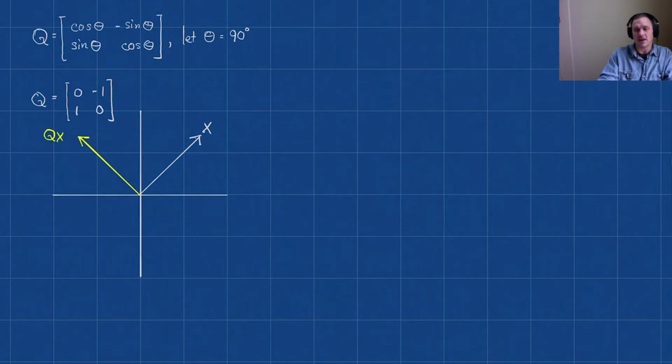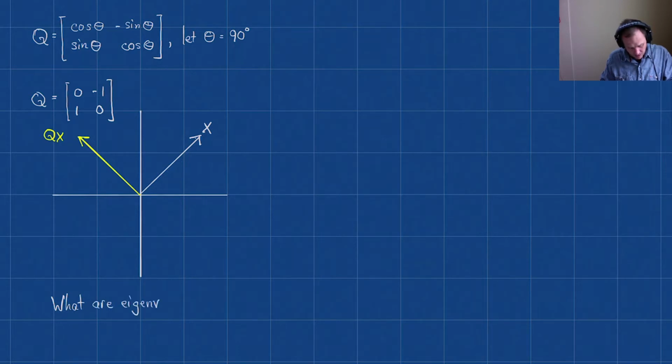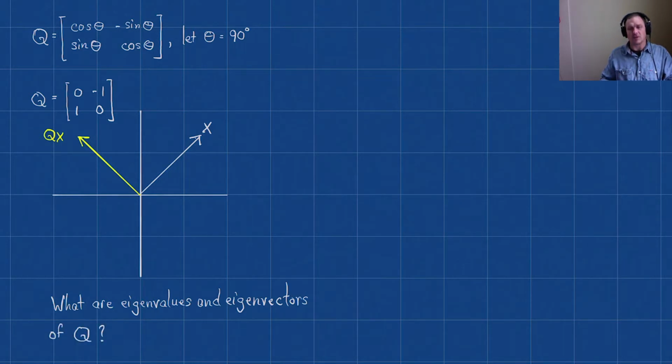And so my question for you is, what are the eigenvalues and eigenvectors of Q?